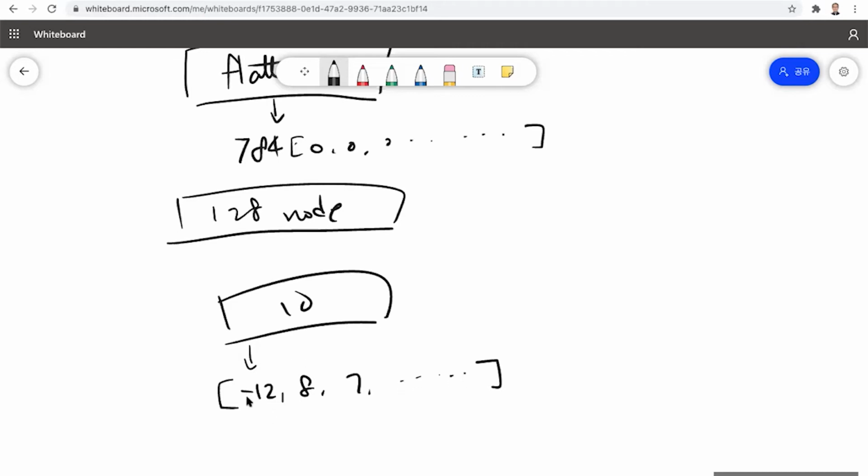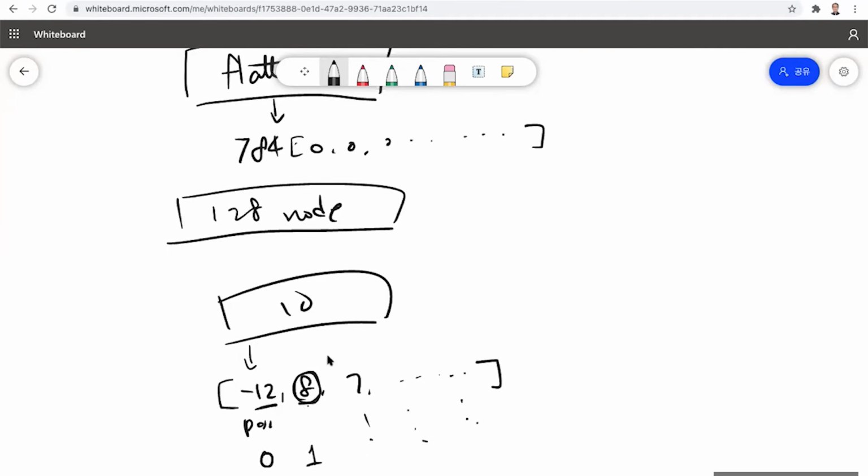In some sense, this number means the possibility that this image belongs to the category class 0. The bigger this number, the higher the probability that the image belongs to this class. So it gives you some sort of possibility, but this is not a probability.